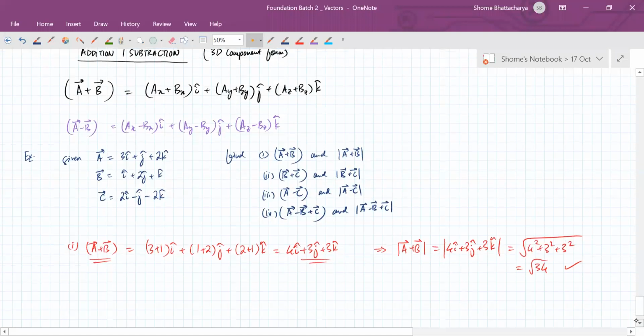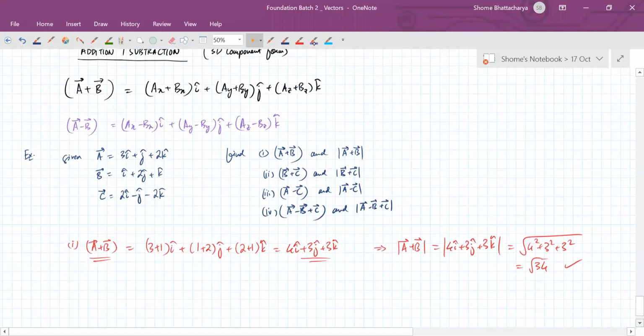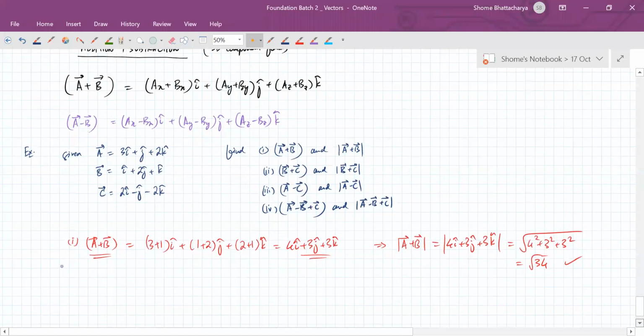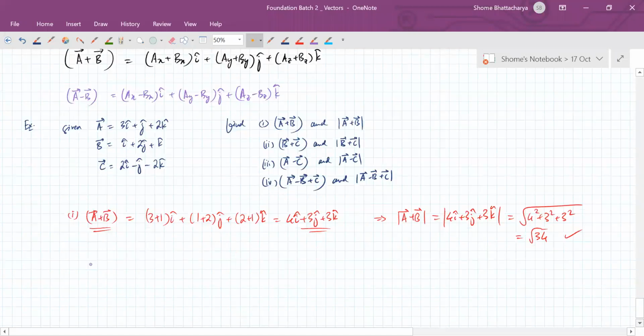Now similarly, let me pick up the third part. The second is very similar. So A minus C. So this will be like AX minus CX I cap plus AY minus CY J cap plus AZ minus CZ K cap.